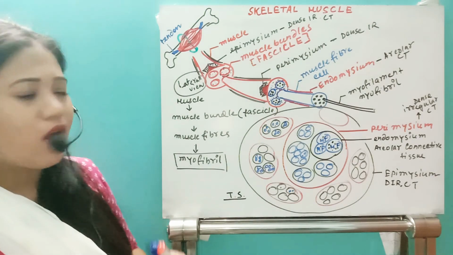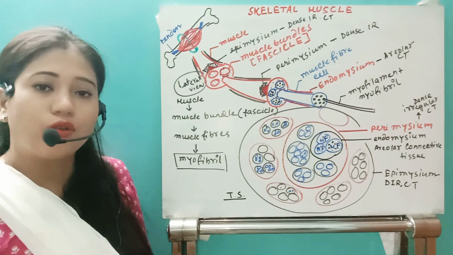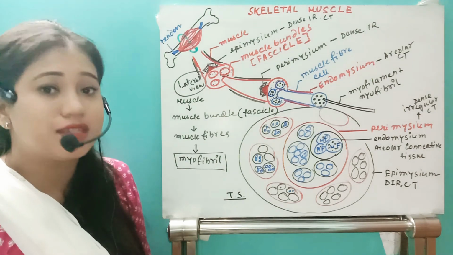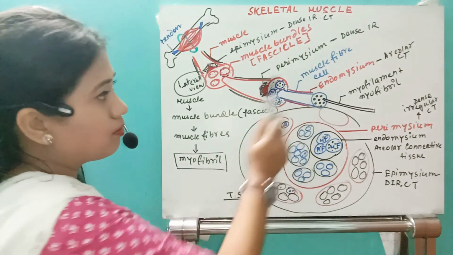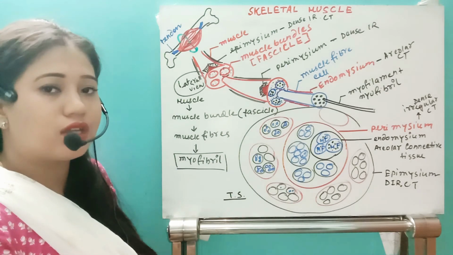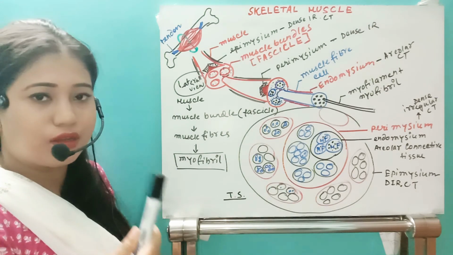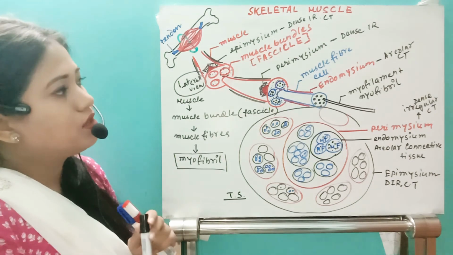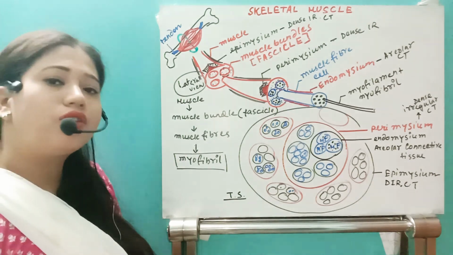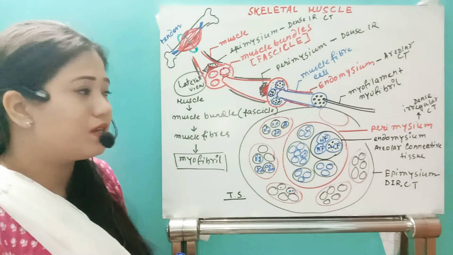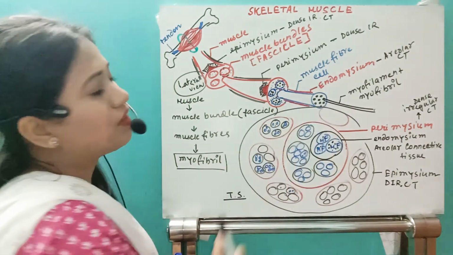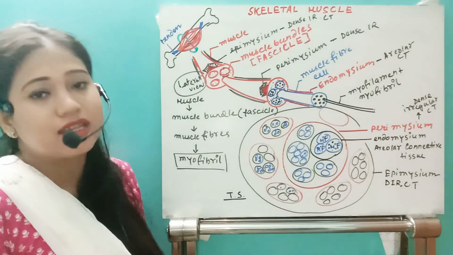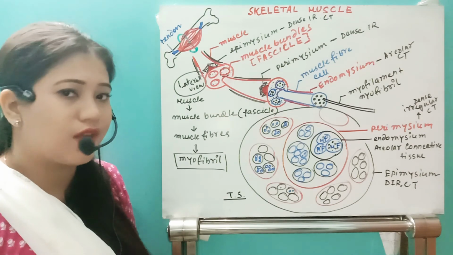Now inside one muscle cell, this is the fiber. Muscle fiber is actually a cell, appearing fibrous, so that's a muscle fiber. In that muscle fiber, what are we able to find? We are able to find a number of filaments, known as myofilaments or myofibrils.